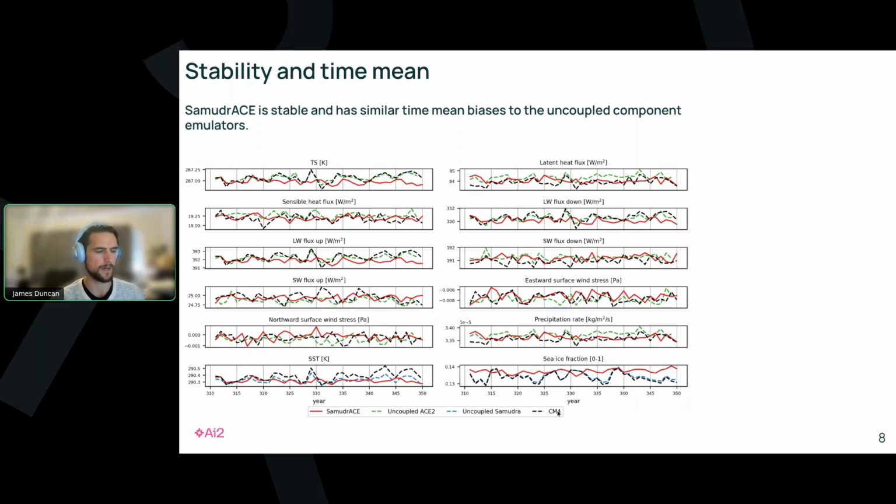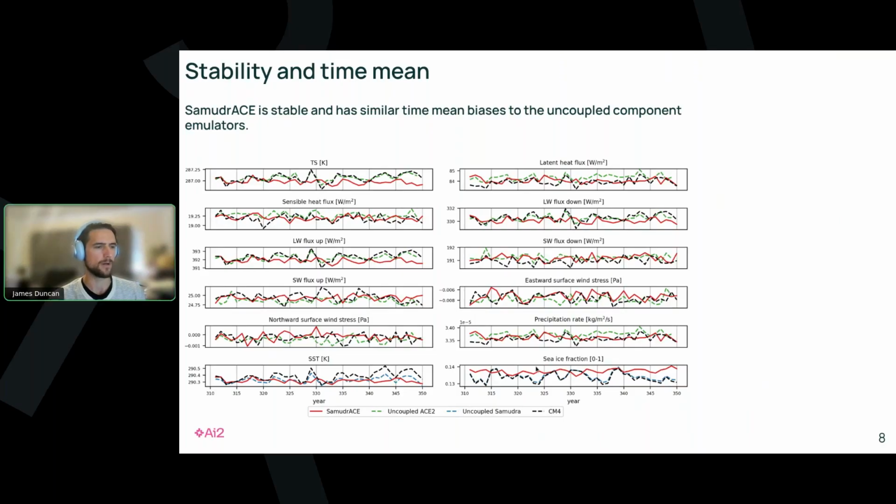And this is really indicative of how that particular output, the sea ice fraction, is perfectly determined by the boundary forcing conditions that it's being given when we do uncoupled pre-training. And then we break that perfect alignment when we do the coupled stepping.